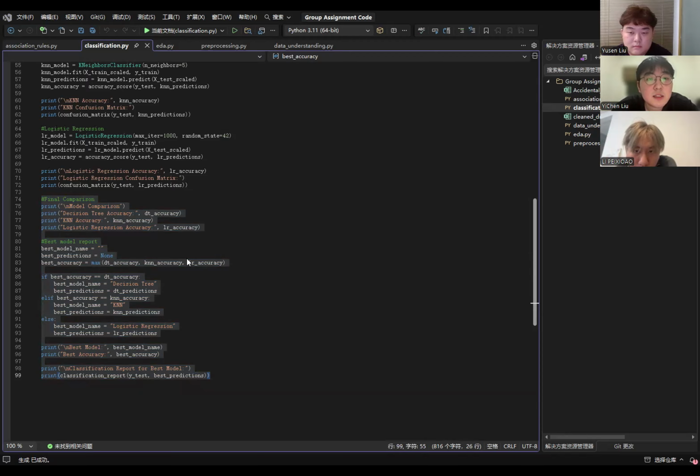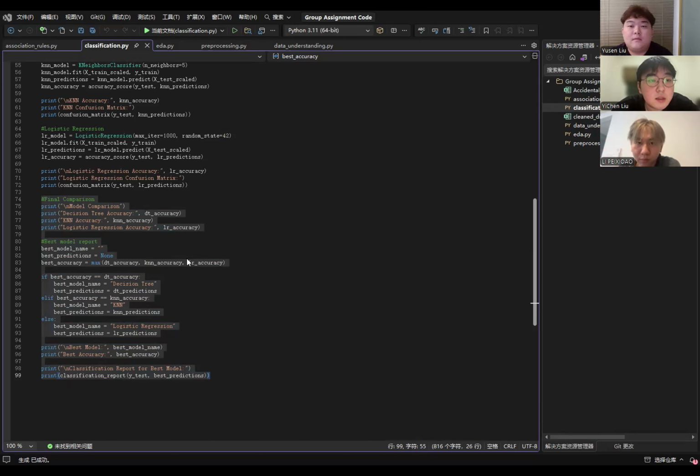This means logistic regression performed the best among the three models. The confusion matrix shows how many cases were correctly and incorrectly classified. In our best model, the algorithm identified opioid-related cases more strongly than non-opioid cases.